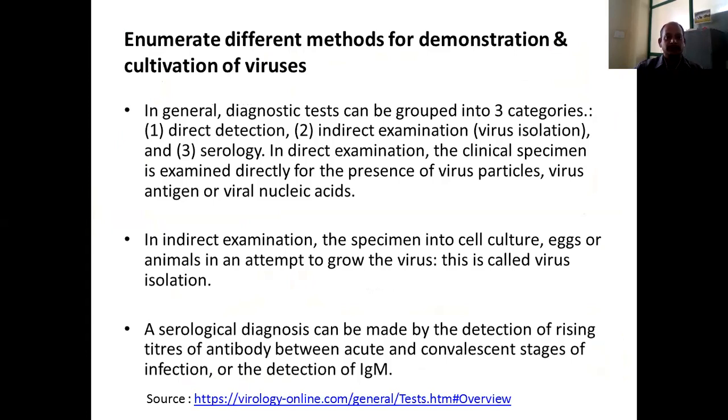In direct examination, the clinical specimen is examined directly for the presence of virus particles, virus antigen, or virus nucleic acid. In indirect examination, the specimen is cultivated into cell culture, or embryonated eggs or animals are inoculated in an attempt to grow the virus. This is known as cultivation of virus or virus isolation.